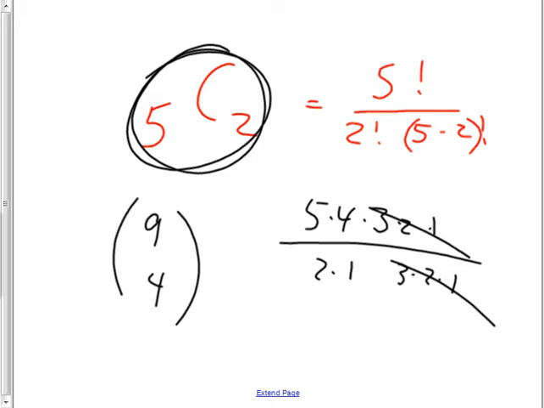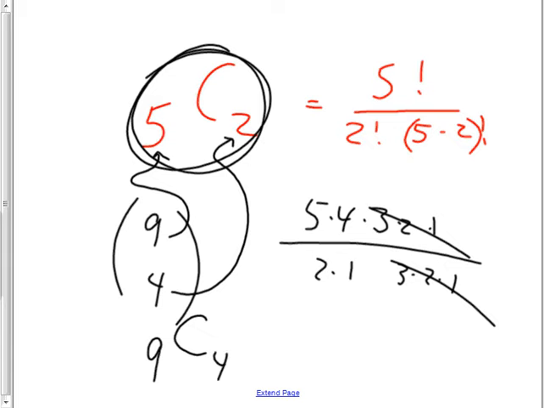Close. What do you think? 9's like the 5, and 4's like the 2. So what does this really mean? 9C4, which would mean 9 factorial over 4 factorial to start with, but then the one last piece, which is 9 minus 4, which is 5 factorial on the bottom.